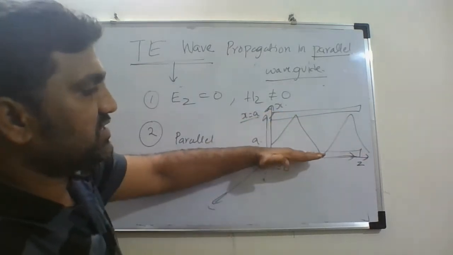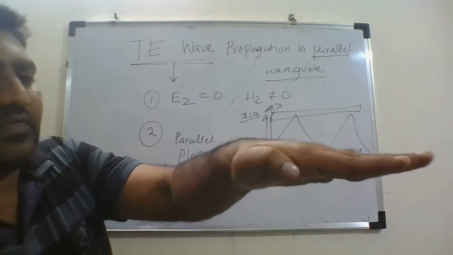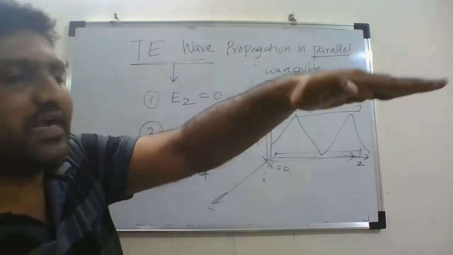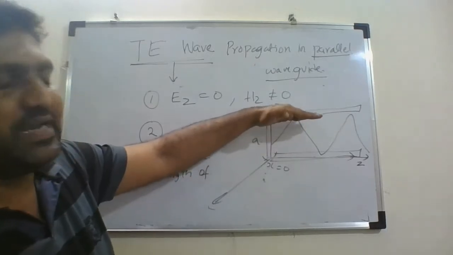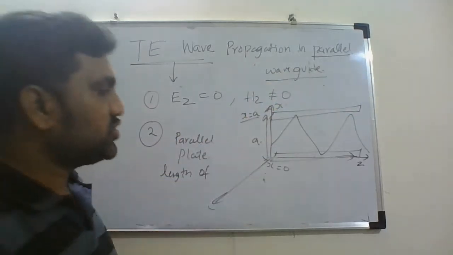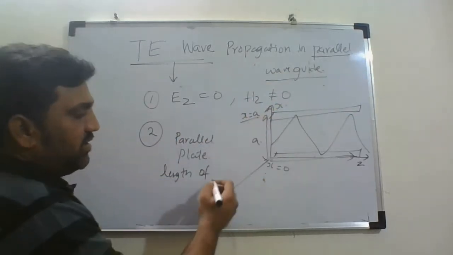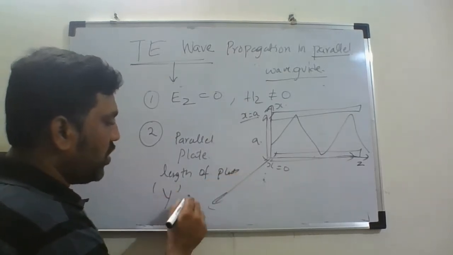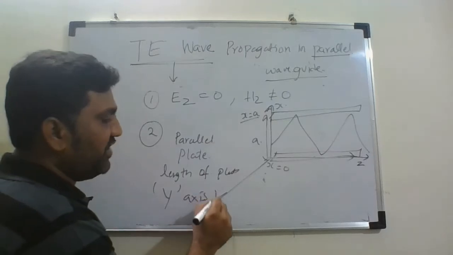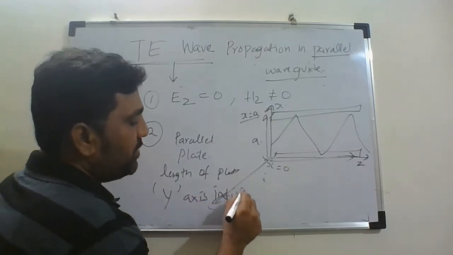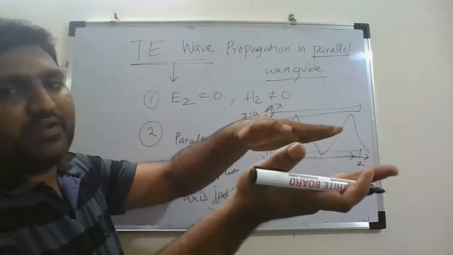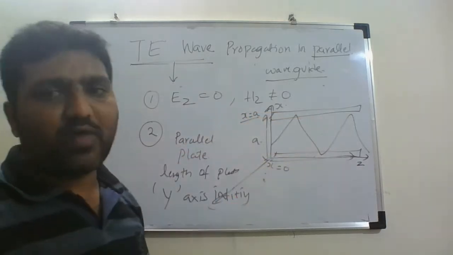That means this plate is extending from minus infinity to infinity, and similarly this plate is extending from minus infinity to infinity. So we assume that the length of the plates along the y-axis is infinity.